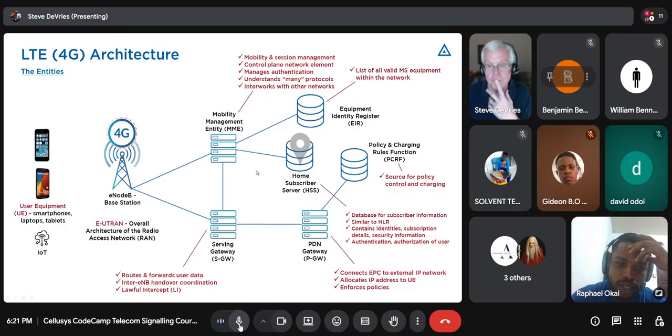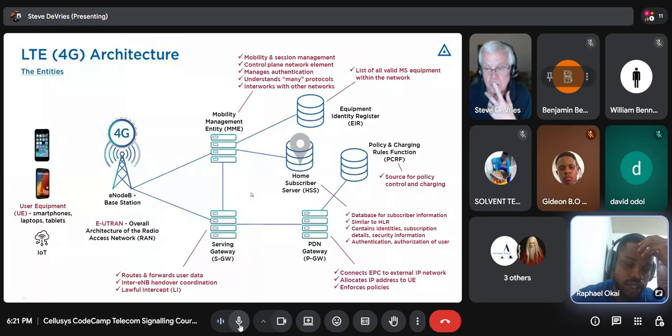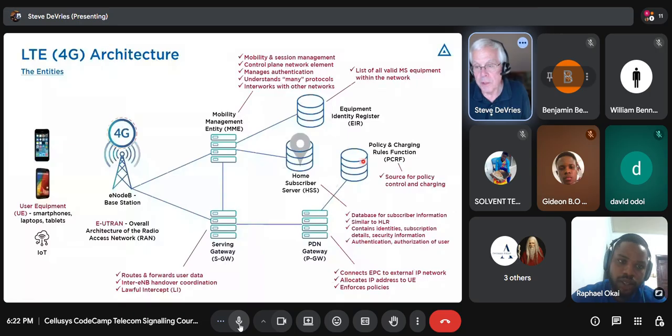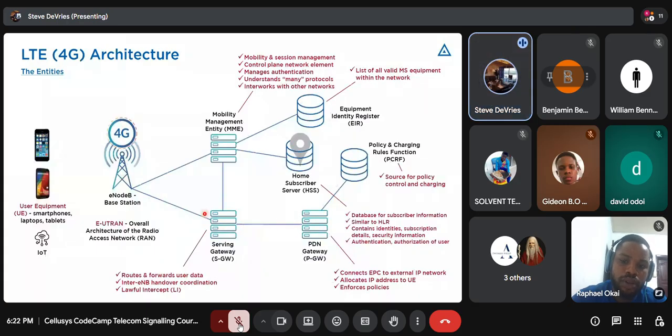Go ahead, please. Well, the difference with the idea of the policy and charging rules function is you can apply different values to different data streams. In other words, you can have multiple data streams going at the same time.